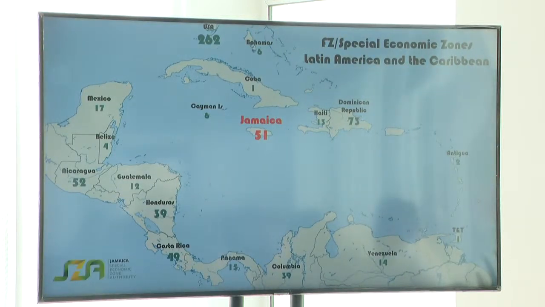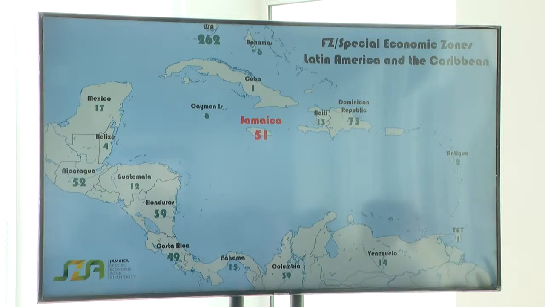Now, this is a diagram which came out last year from UNCTAD. They did a World Investment Report, and they focused on special economic zones. And you'll see on that map, Jamaica has 51 zones. But many of these are small, single entity type zones. You look at the bottom, you see Panama having 15.